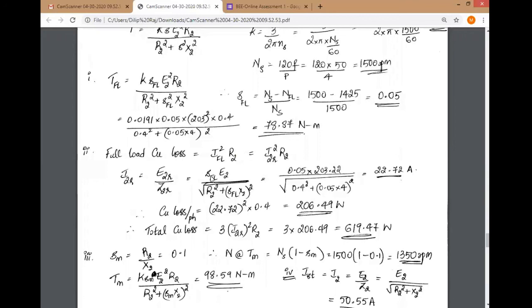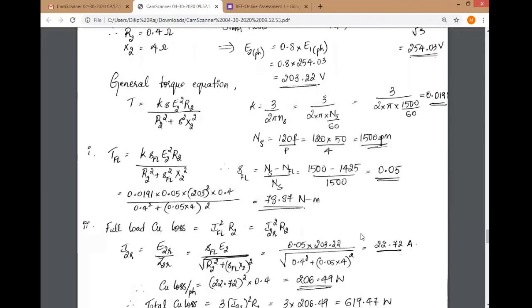Only by changing the value of slip to full load slip, we get the current value corresponding to full load condition. So the full load current is 22.72 amperes. Square this and multiply with the resistance value, and you get the copper loss in one phase. The total copper loss is thrice this copper loss per phase, which is 619.47 watts.